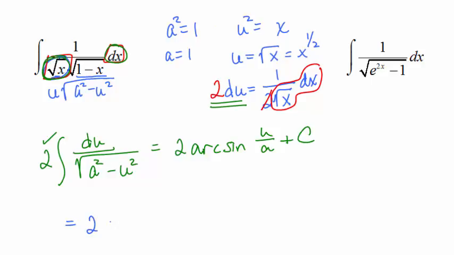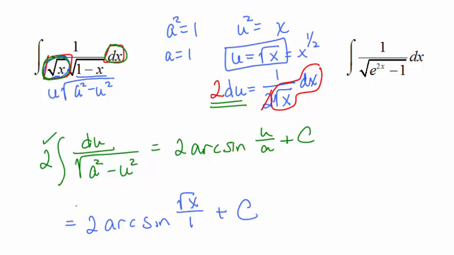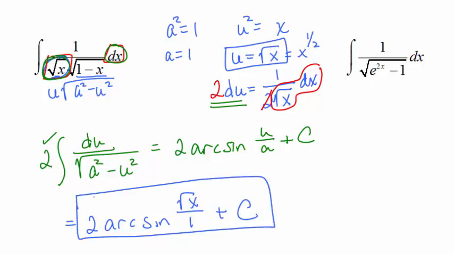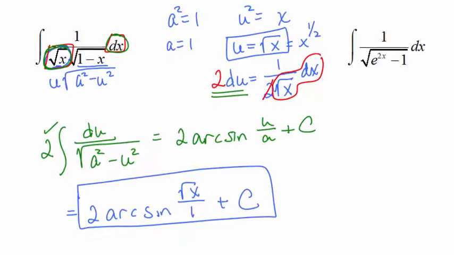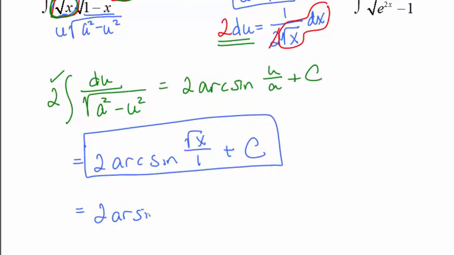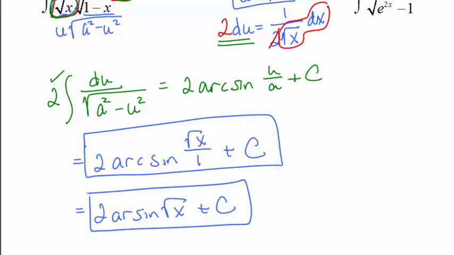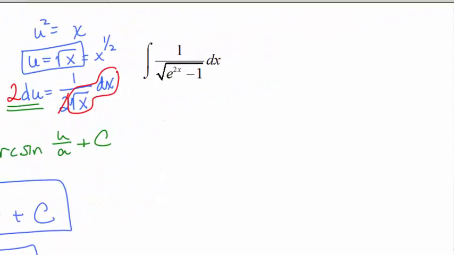So this is going to be 2 times the arcsine of u. What was u? The square root of x over a plus c. And of course you really don't need to write that 1. We could just put it like that, a little bit prettier.